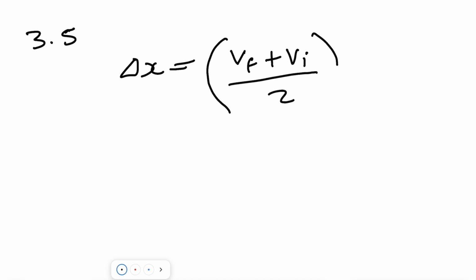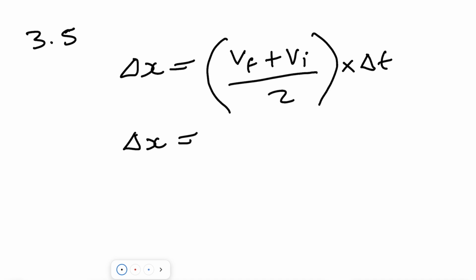Let's calculate the distance that the taxi will cover once the brakes are being applied in that last 2 seconds. So we say change in x is equal to a big open bracket, final velocity plus initial velocity divided by 2 and then multiplied by change in time. The change in displacement is what we are looking for.